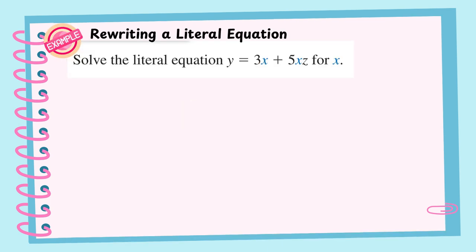So here it says, solve the literal equation y equals 3x plus 5xz for x. So who are we solving for? To begin with, who are they telling us to solve for? For x, correct? If we have y equals 3x plus 5xz, who is solved right now?